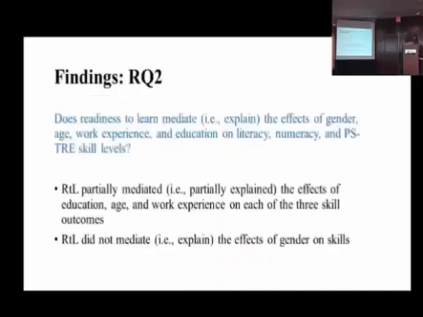And for research question 2, which is looking at the mediating effects, we found that readiness to learn partially mediated, or partially explained, the effects of education, age, and work experience on each of the three skill outcomes. It did not mediate the effects of gender on skills.